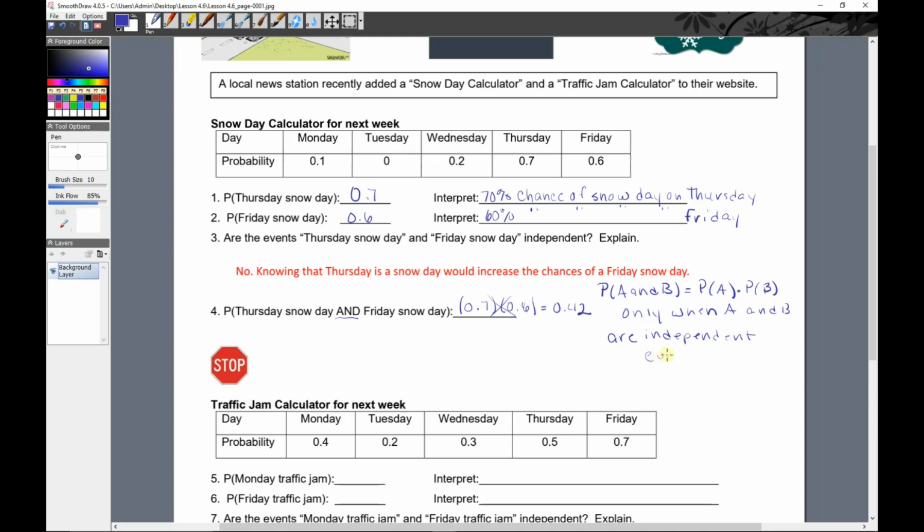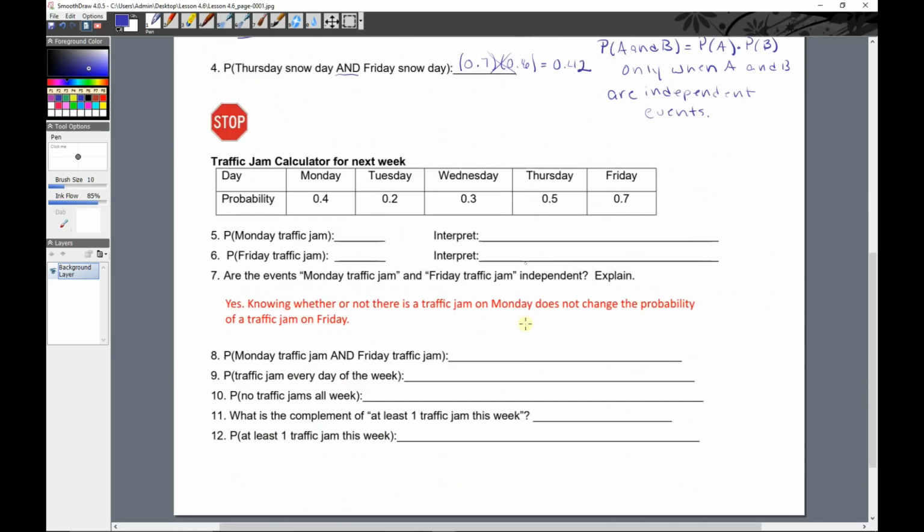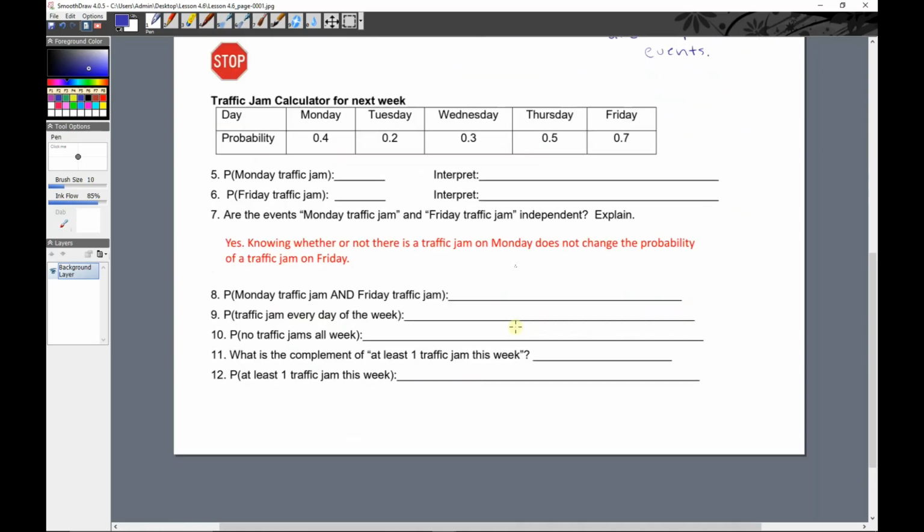And we've already said they're not. So this is an inappropriate formula. We would need the probability of A and B equals the probability of A times the probability of B given A, but we don't have a conditional probability, so we're not really able to calculate this, nor are we able to use this formula.